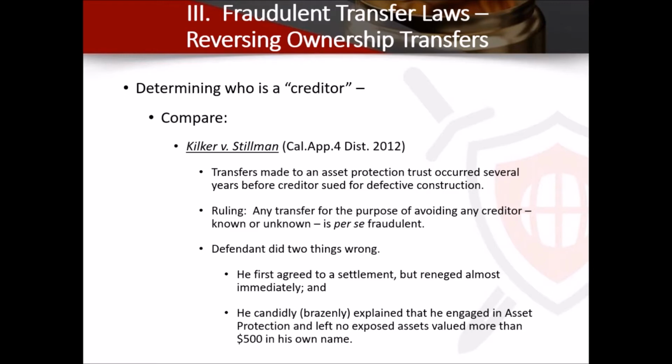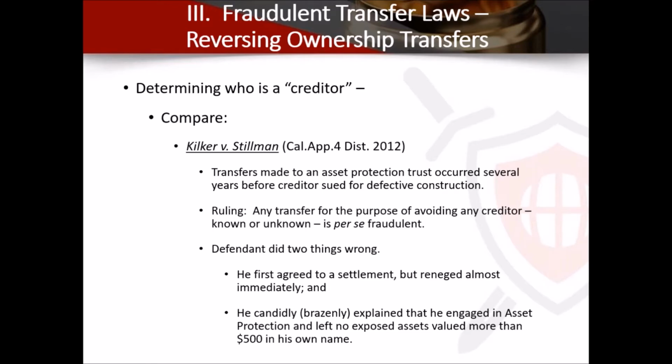Kilker v. Stillman. Stillman just kind of messed it up from an approach and attitude standpoint. California, we find, will also go out pretty far in their rulings. This is, I think, an example of that. Stillman had built a number of swimming pools in a development in California. That's what he did.